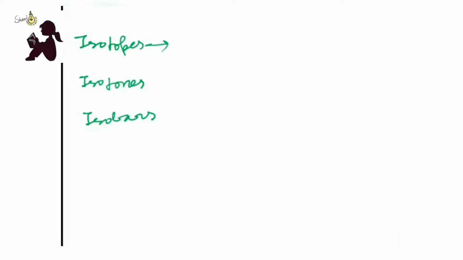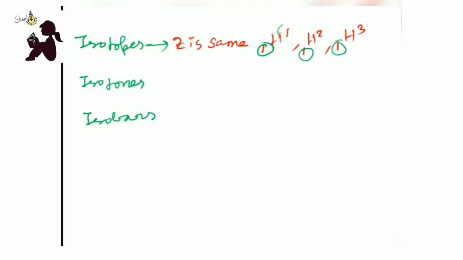That is where their Z is same. Like 1H1, 1H2, 1H3. Here you can see that their Z is same, but their A or mass number is different. So this kind of atoms are together called isotopes.